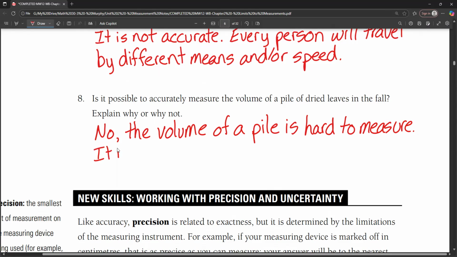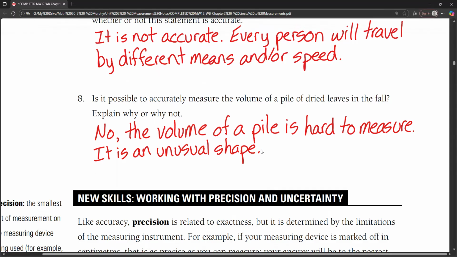It is an unusual shape. Okay, that's one of the reasons, right? Going through junior high, we didn't have an equation for the measure of a pile shape. And what is even the standard shape for a pile, right?